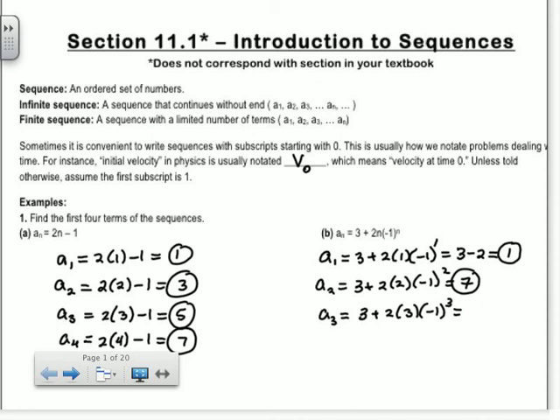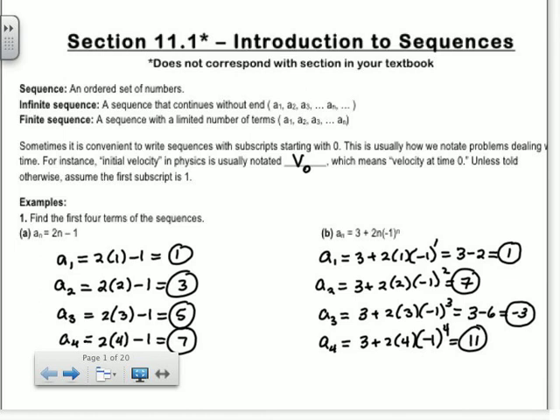So negative 1 times 3 times 2 is negative 6. So 3 minus 6 is negative 3. And A4 is 3 plus 2 times 4 times negative 1 to the fourth. Negative 1 to the fourth is 1 again, times 2 times 4 is 8, plus 3 is 11. Okay, did anybody get all 4? Good. That's a lot of you.